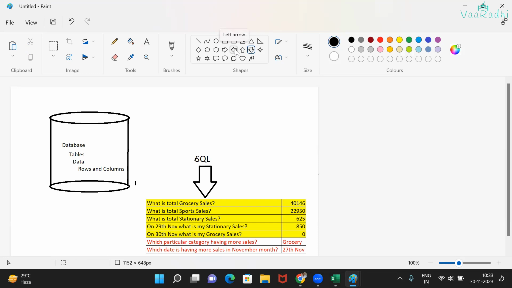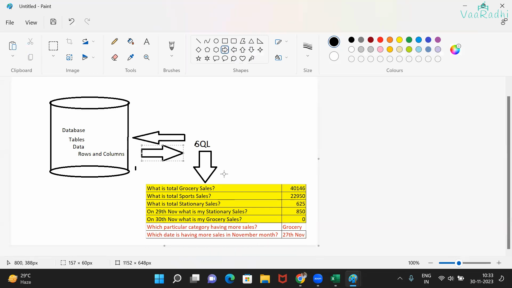So it's two-way. It will read the table data, analyze the data, and give you the answers this way, SQL. This is high level, guys. Clear so far, everyone?